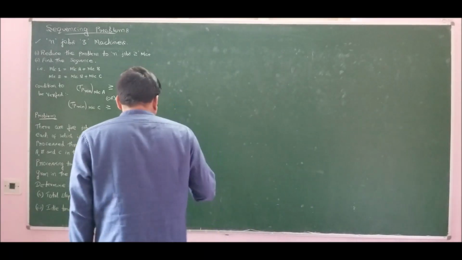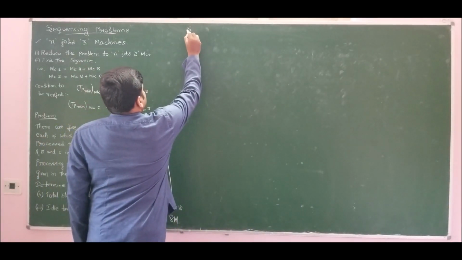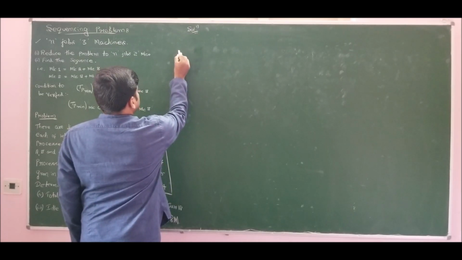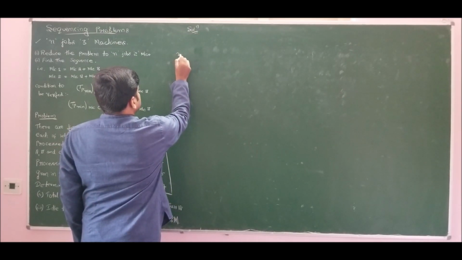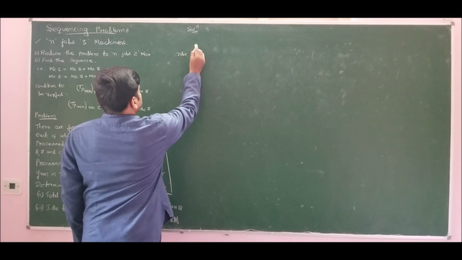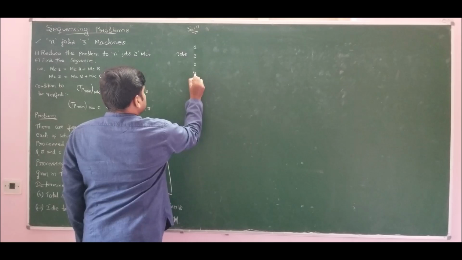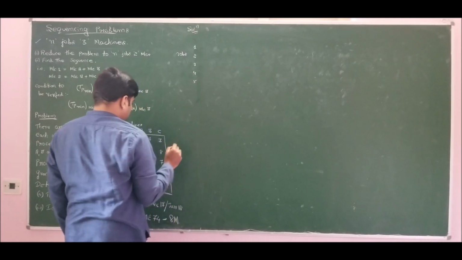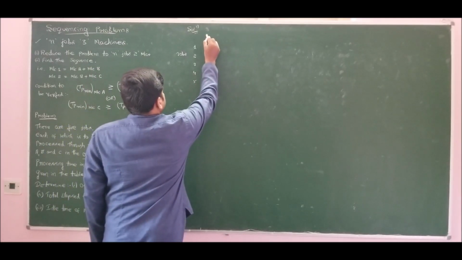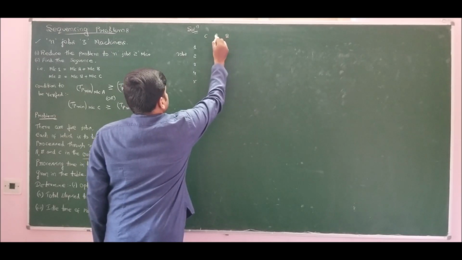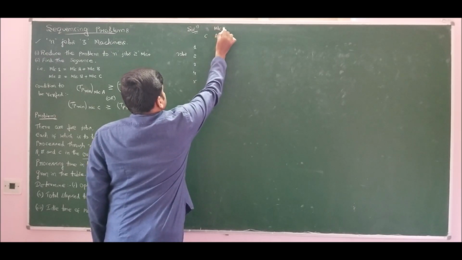So rearranging the problem, we have 5 jobs, 1, 2, 3, 4 and 5, and the machines are to be rearranged as C, A, B.